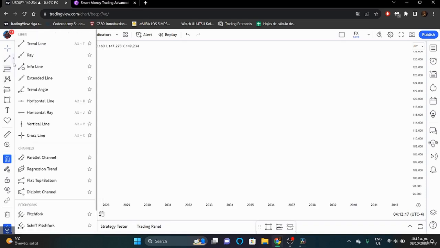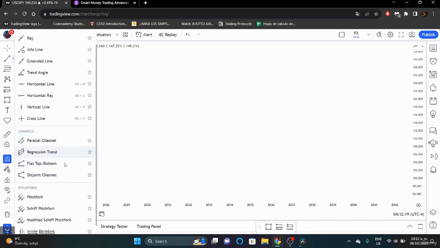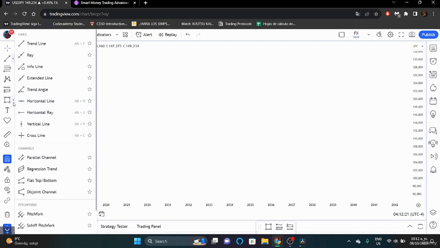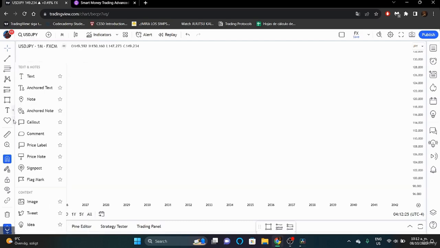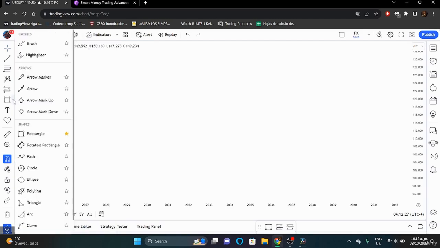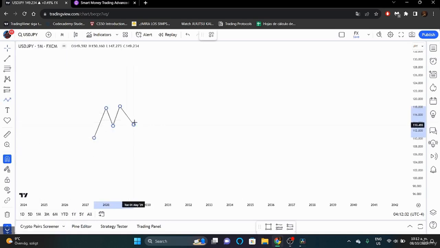This is something really nice. Let's look for this right here. This is a market maker buy or sell model.